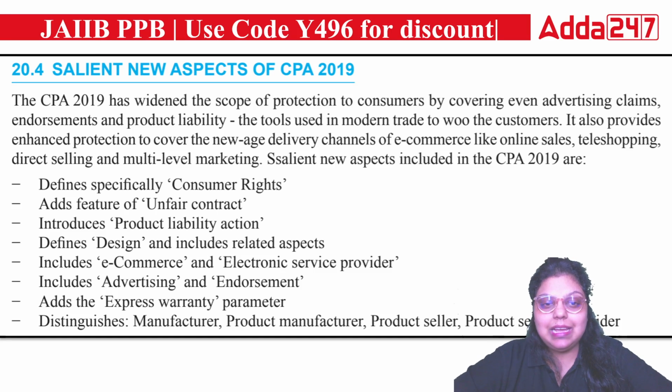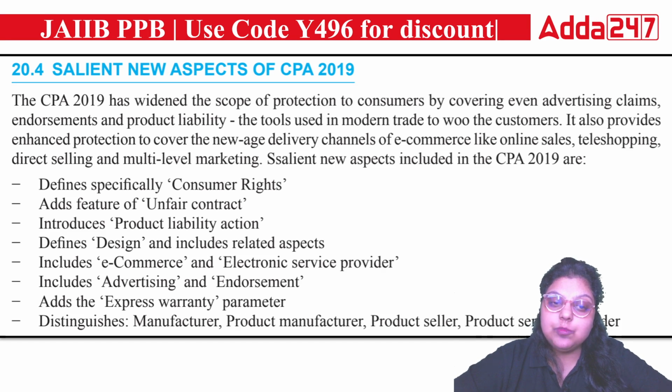Next we have the salient new aspects of the Consumer Protection Act 2019. The Consumer Protection Act 2019 widened the scope of protection to the consumer by covering even advertising claims, endorsement and product liability, the tools used in modern trade to woo the customer.